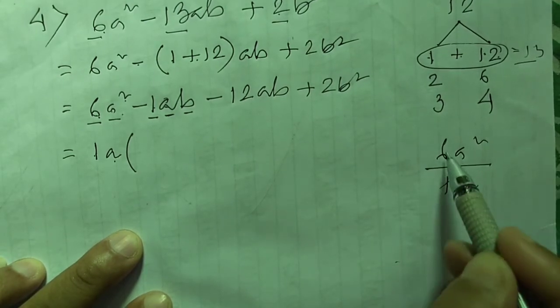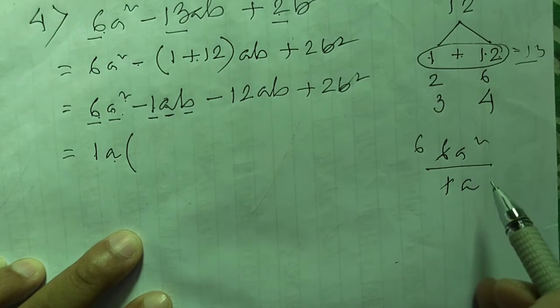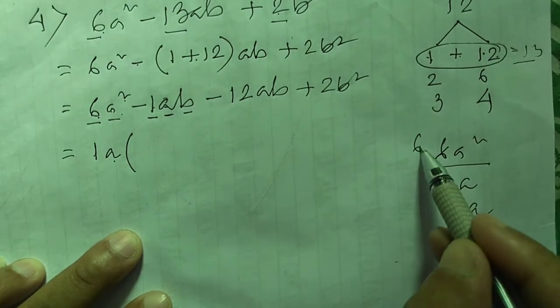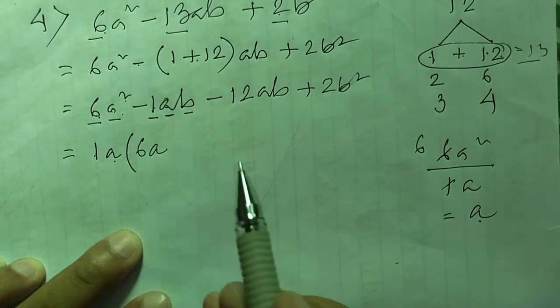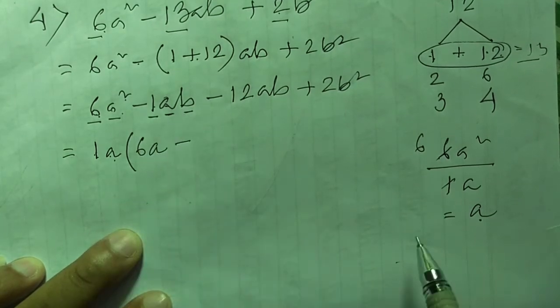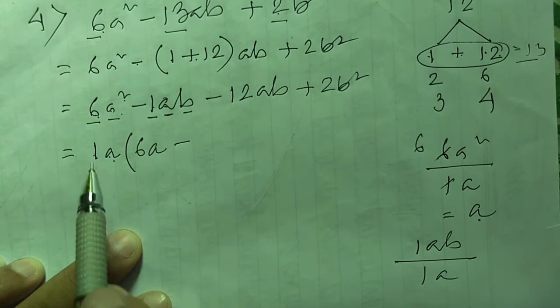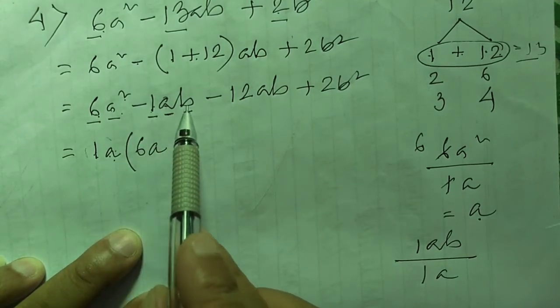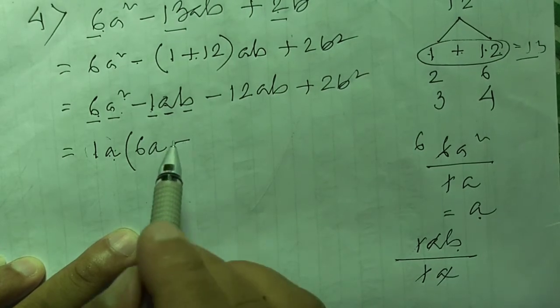By 1 if you divide 6, by a, if you divide a square, you will get a. So 6a we are getting. 6a minus. By 1a, divide this 1ab. I am dividing 1ab by 1a. 1 cancels, a cancels, just b is left. B.